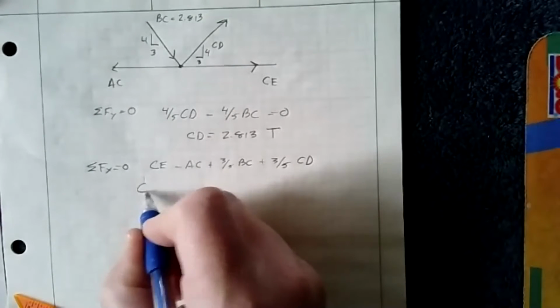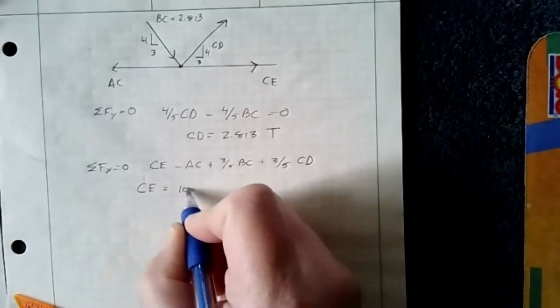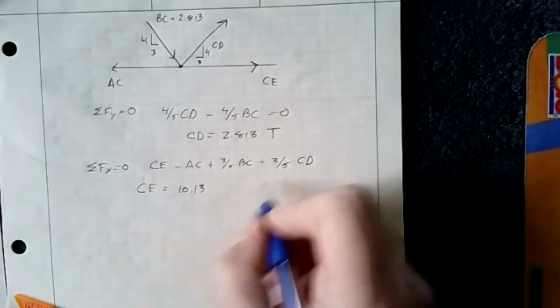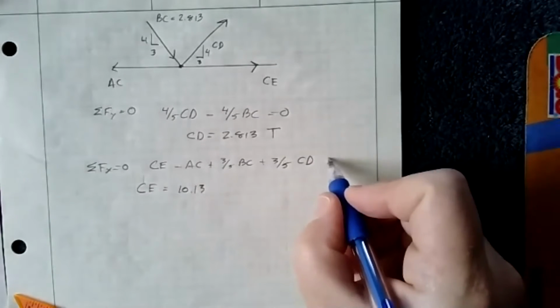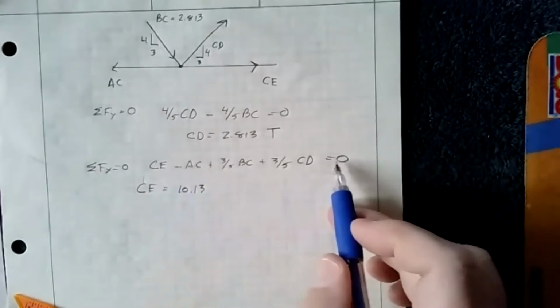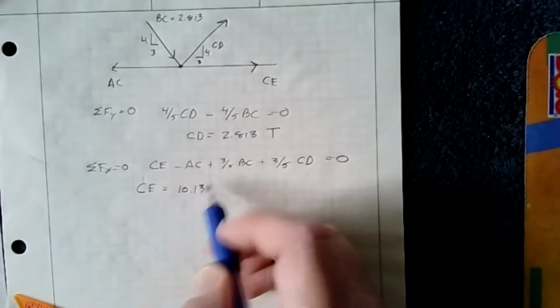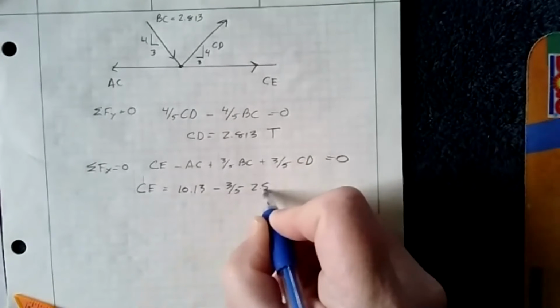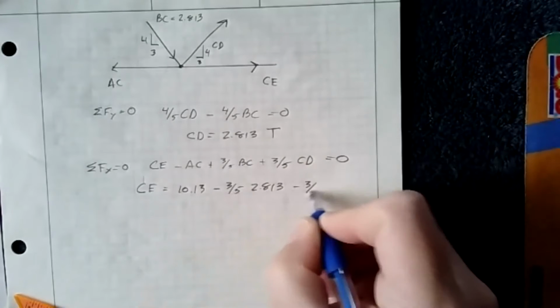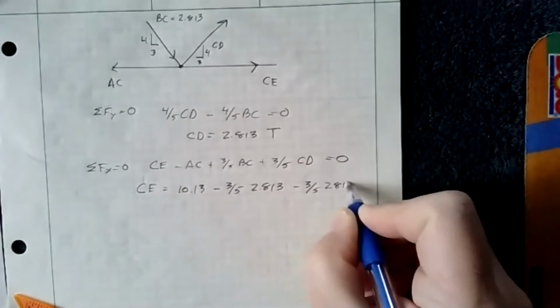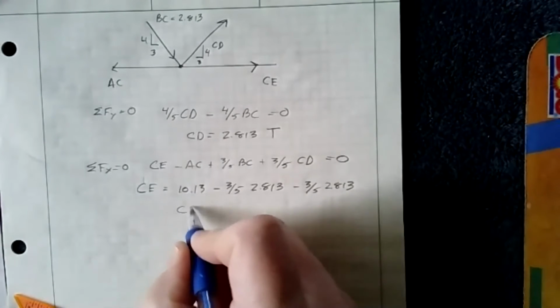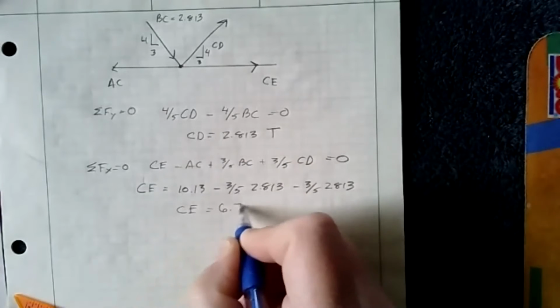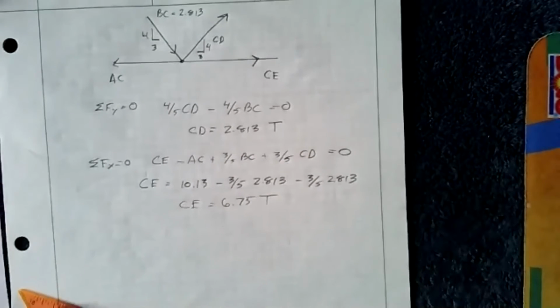We know AC is 10.13, so I move the terms to the other side, and that's going to be minus 3/5 times 2.813 minus 3/5 times 2.813. Therefore, CE is 6.75 in tension.